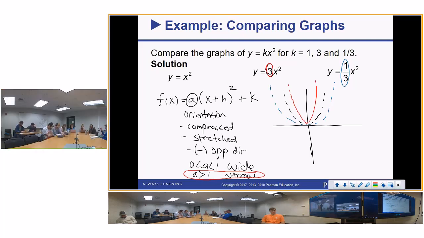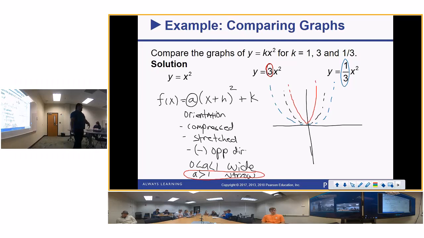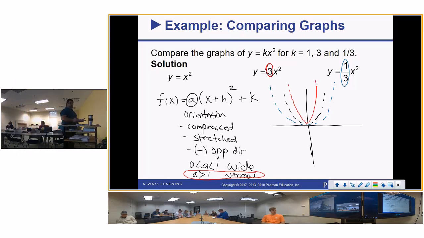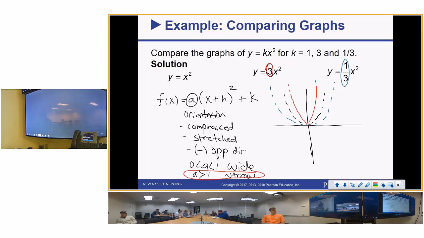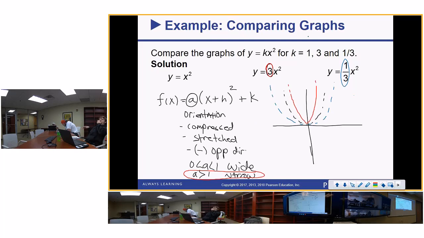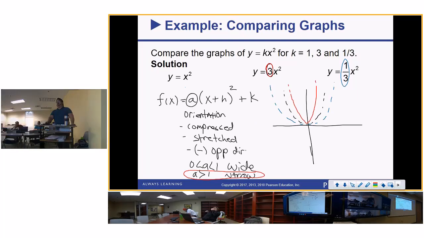They're going to give us an example here in just a minute, and it's going to have a horizontal shift, a vertical shift, and an orientation factor. I think this is a homework question. They make you do these two right here, and it's a complicated graph.